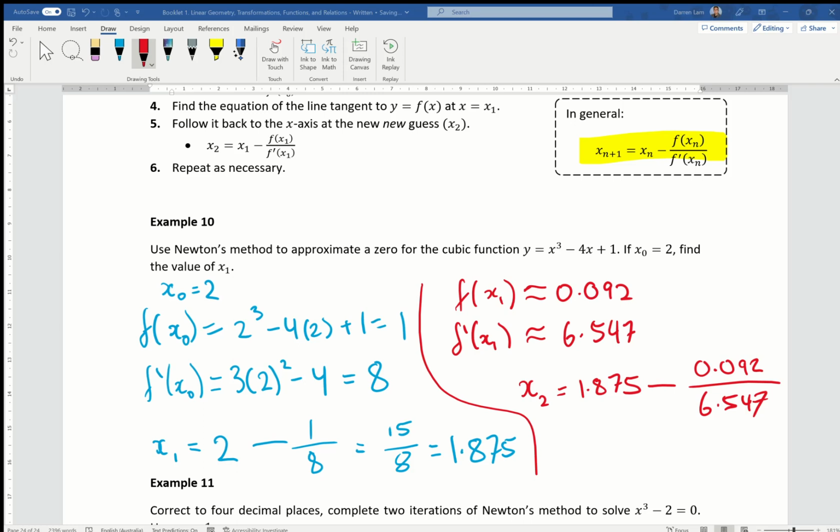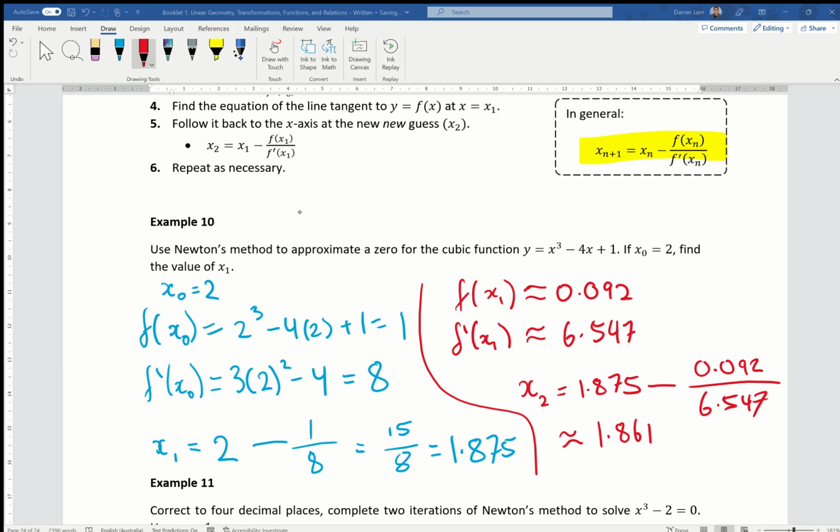Okay, 1.875 minus 0.092 divided by 6.547. We end up with x2, which is approximately 1.861. Is that closer to our actual response? Yes, it's much closer. And we can keep going.